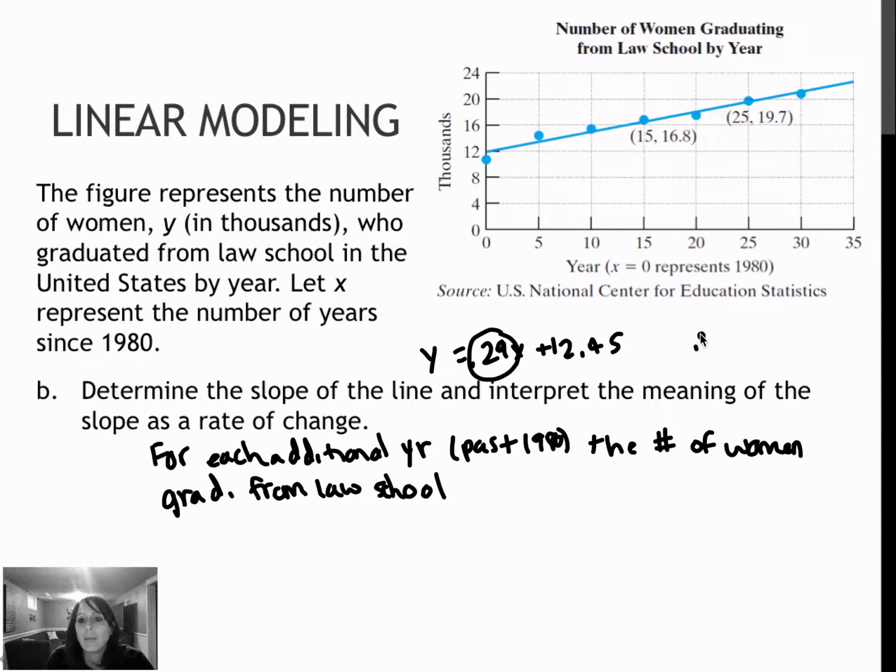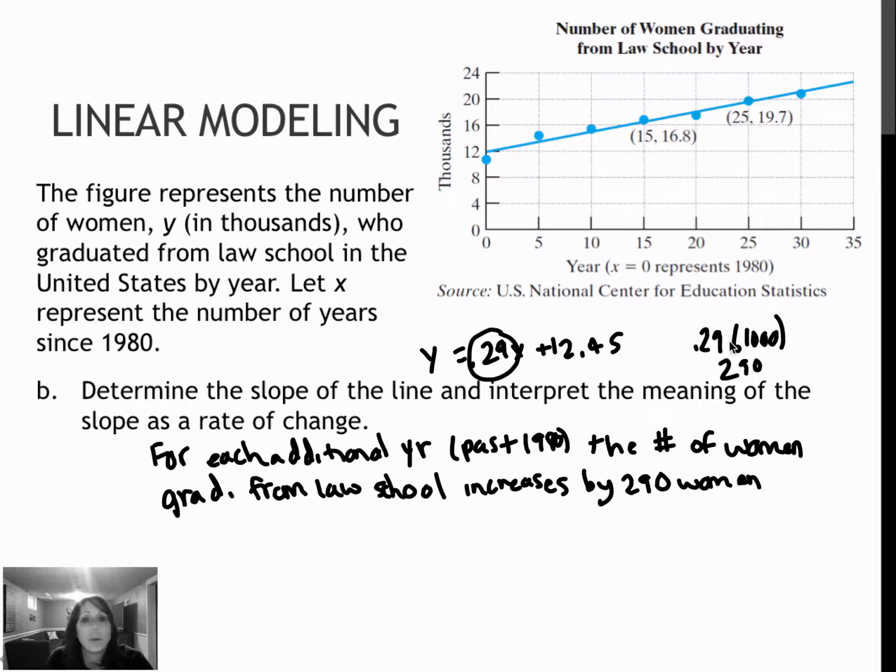I'm going to go ahead and take 0.29 times 1,000 because I want to know exactly how many women that is. So if I multiply that, I get 290. So the number of women graduating from law school increases by 290 women. That is how I would interpret my slope.